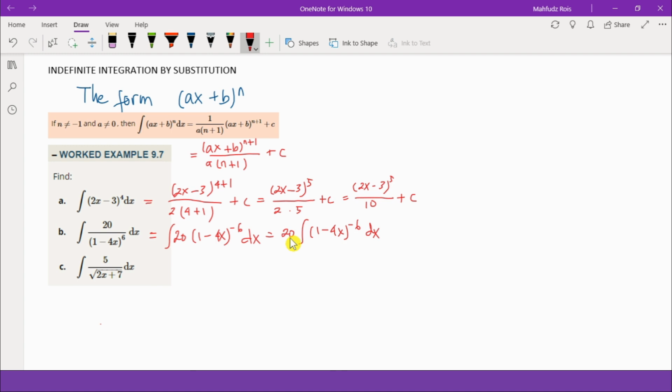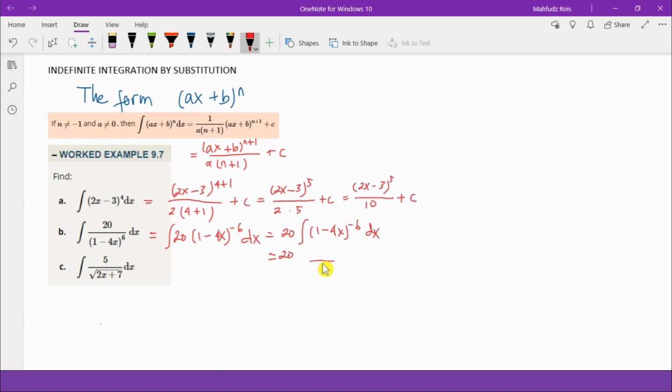Now after that you can continue to integrate this using this formula. So this one will be 20 times the integration like this.